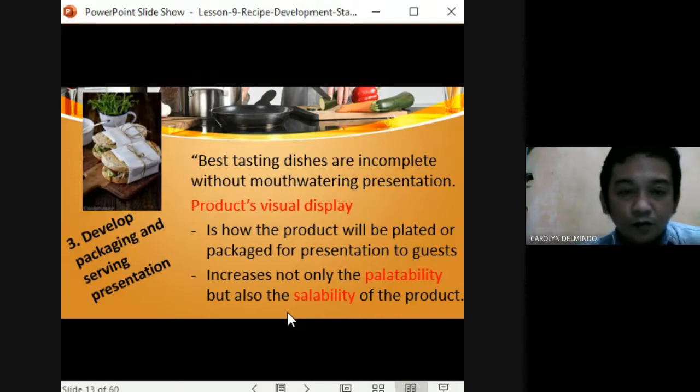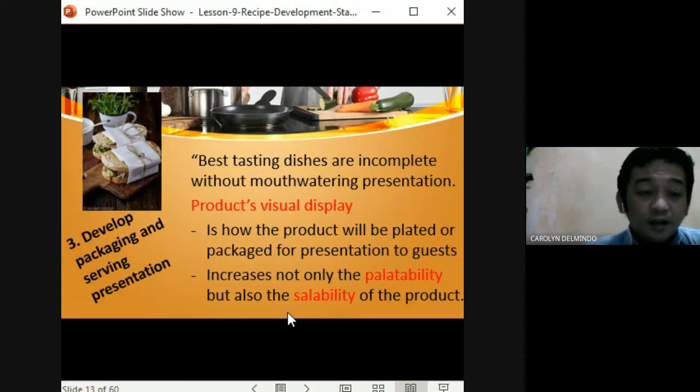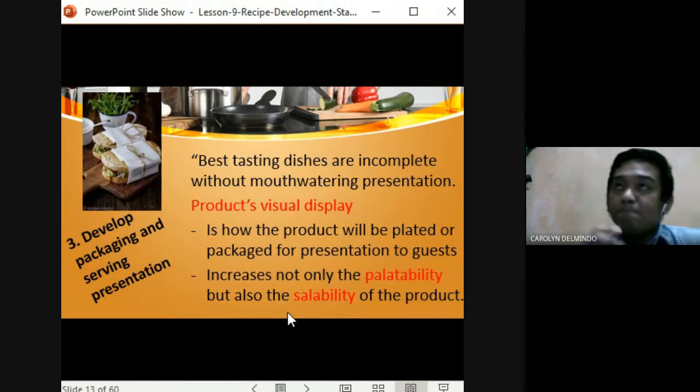Okay, yung discuss this about saleability of the product. Dapat patok siya sa market or mabibili talaga siya. Yung unang tingin mo pa lang doon sa packaging niya, maganda na, since ganun yung labanan natin pagdating sa business food establishment.